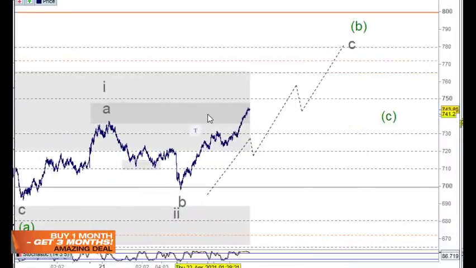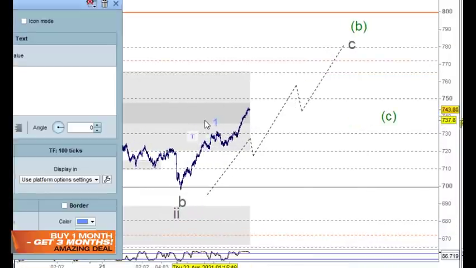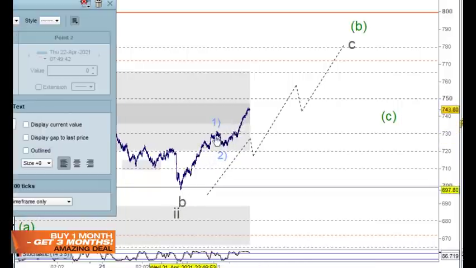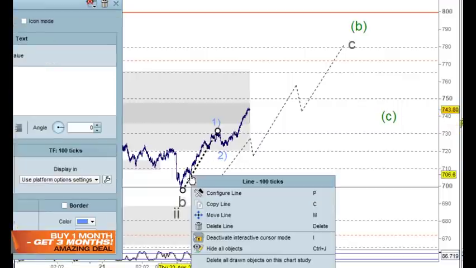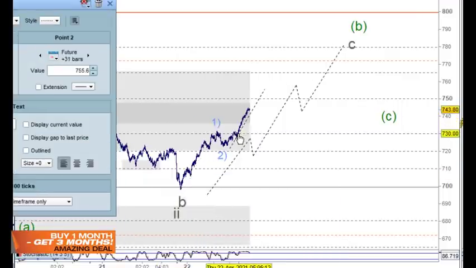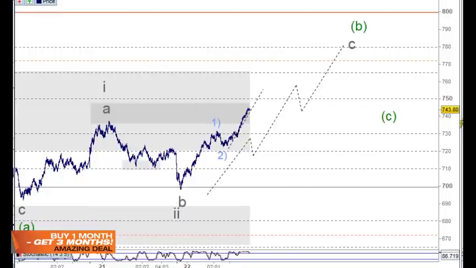I'll just label it with this level here, because that's 5 waves here. This would be 1, 2, 3, 4. So technically, if that's wave 1 here, then at minimum that's going to be smaller.